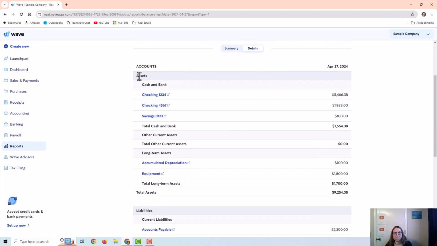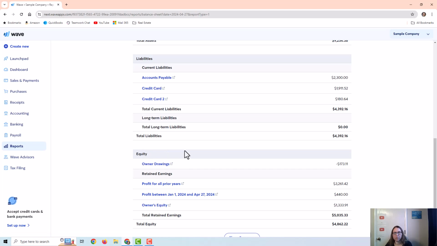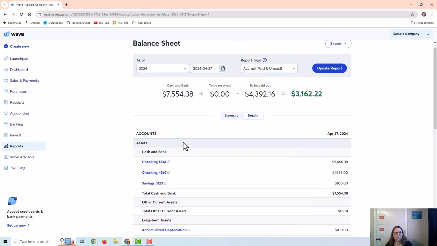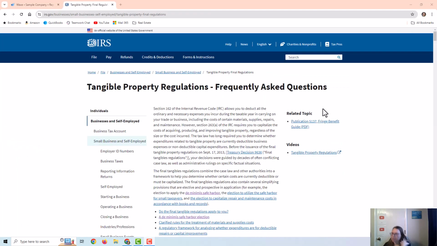This is going to show assets, but expenses are not part of this financial report. So assets and expenses show up on two different financial statements. So you really want to make sure you're putting things in the right place. You don't want to put expenses as assets and then it shows up on the balance sheet instead of the profit and loss.